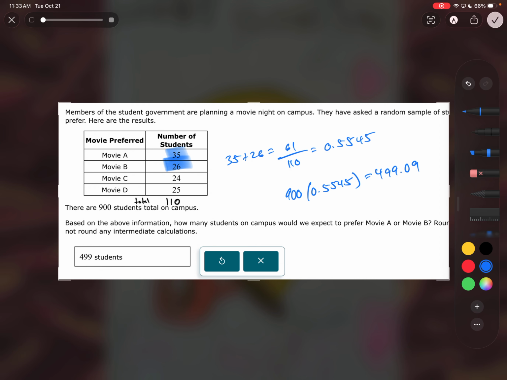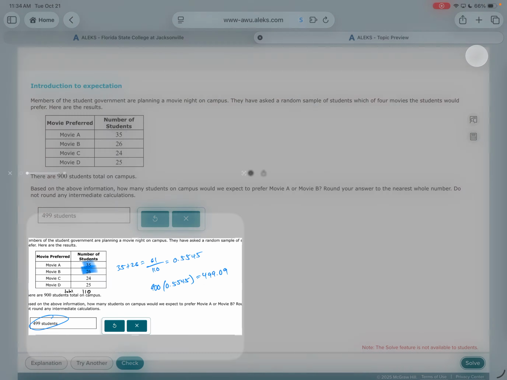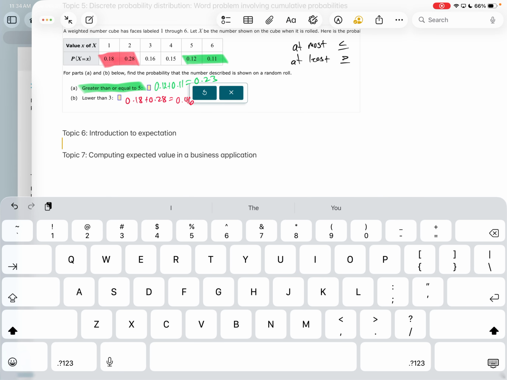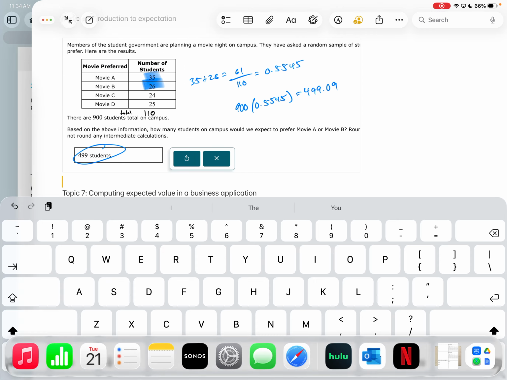We can't have 0.09 of a student, so it's about 499 students. Okay. So you do a sample and then you can project it forward when you have a lot bigger number there. So that is what the expectation is, you can use that to project forward and get those different numbers.